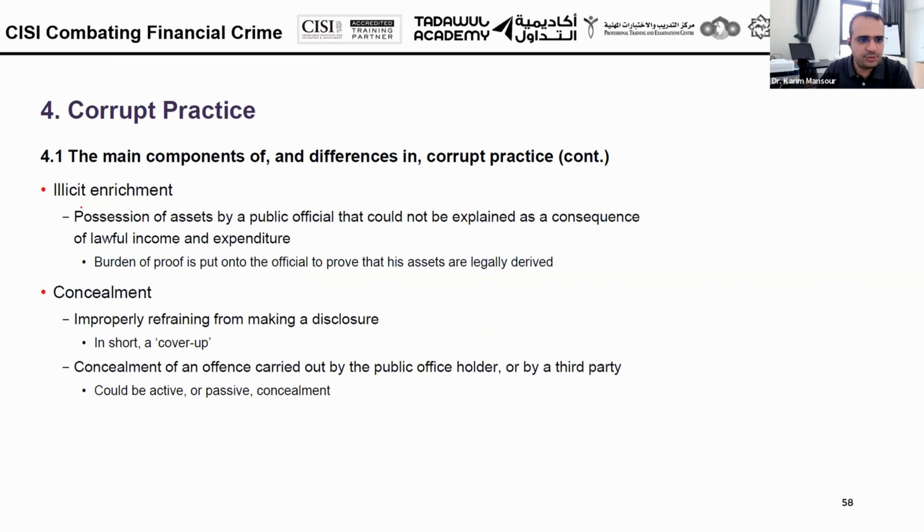What is illicit enrichment? We know that for many politicians, their salary is modest. For many public servants, their salary is modest.